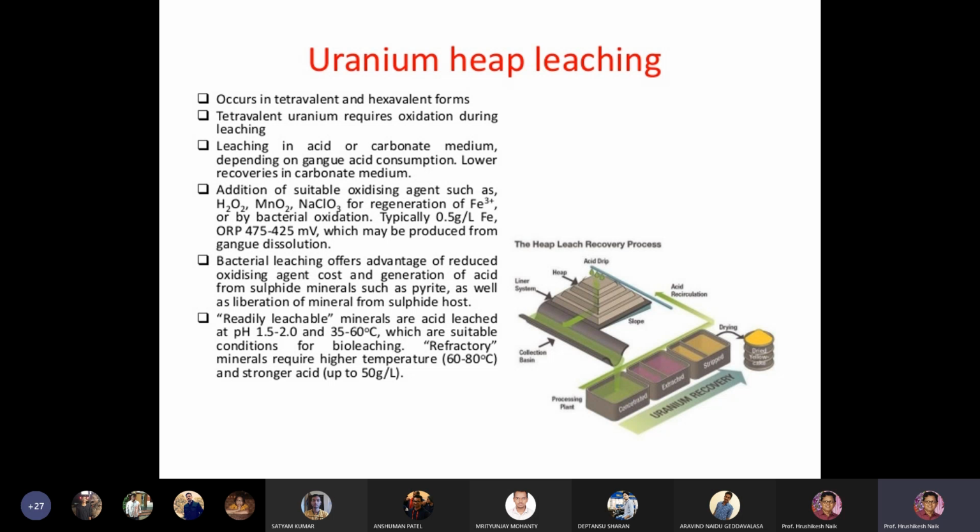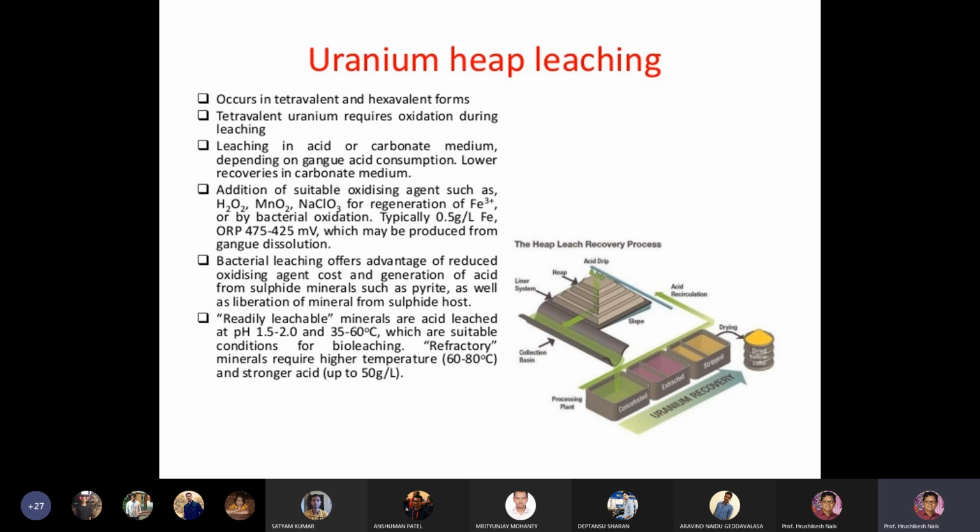You can also go for bacterial leaching, which offers advantages of reduced oxidizing agent use and generation of acid from sulfide minerals such as pyrite, as well as liberation of mineral from the sulfide host.